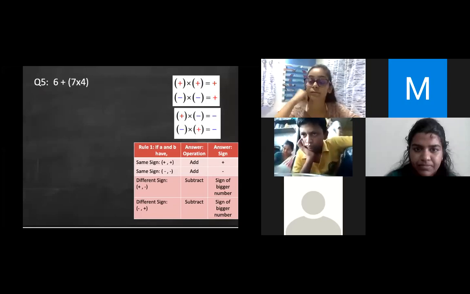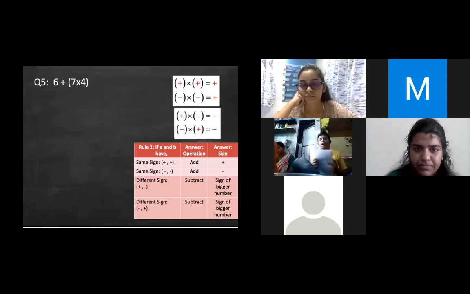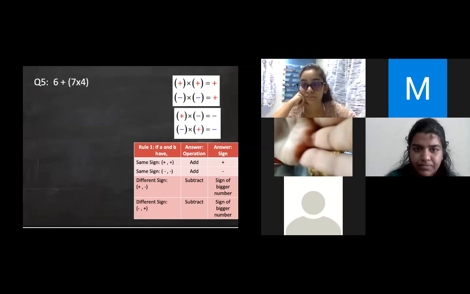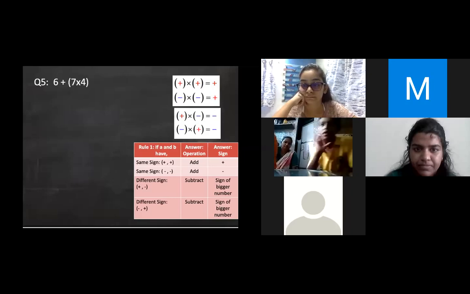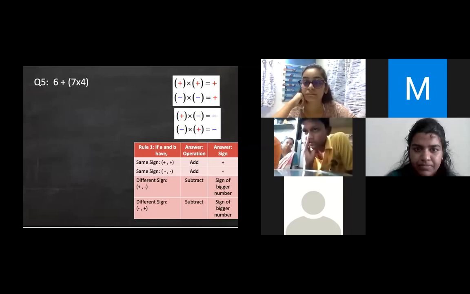So now tell me what is the sign in front of 7 and 4? What is the sign? Is it a positive number or is it a negative? Minus sign. Faisal, what is the sign in front of 7 and 4?